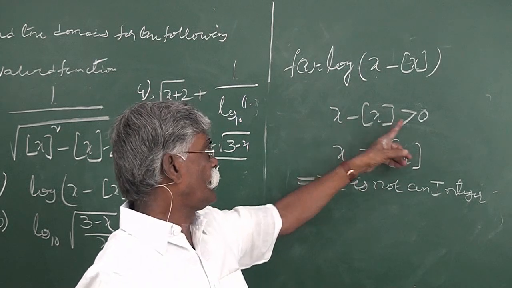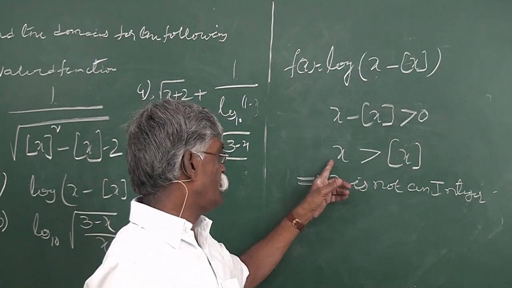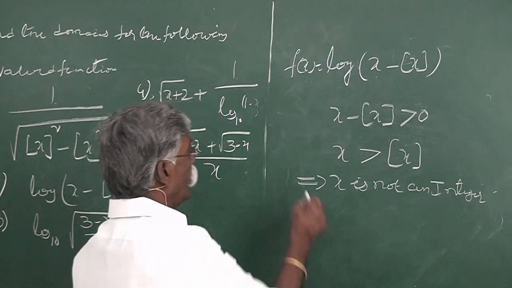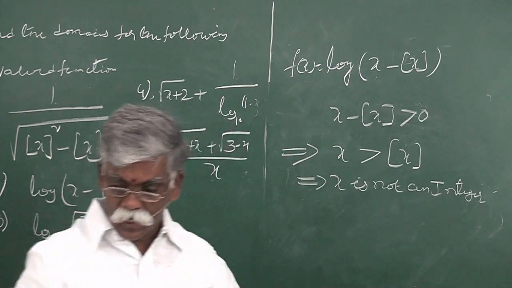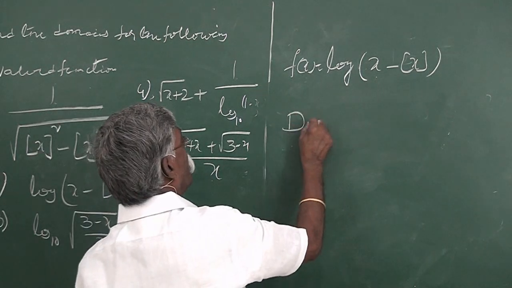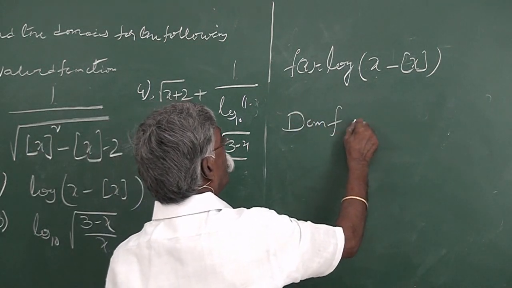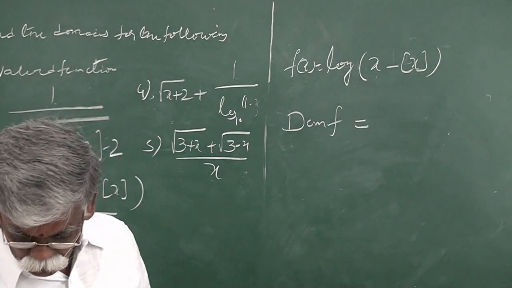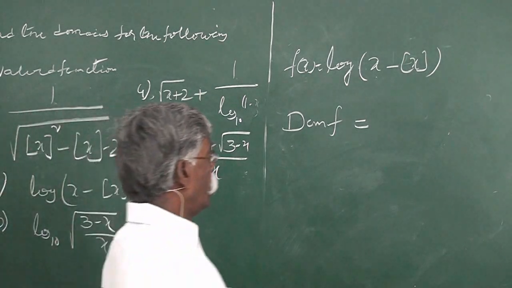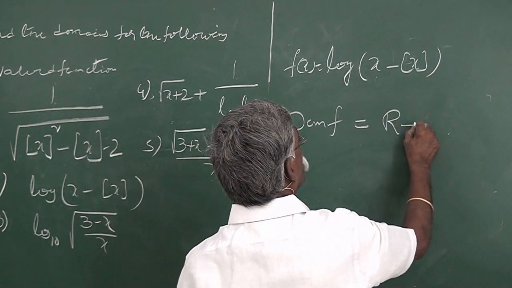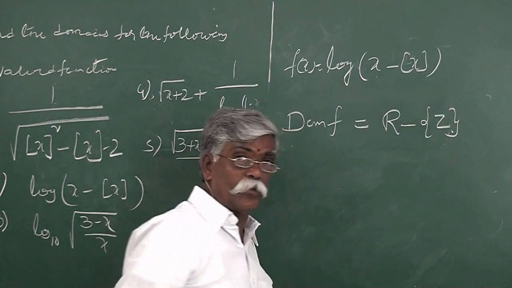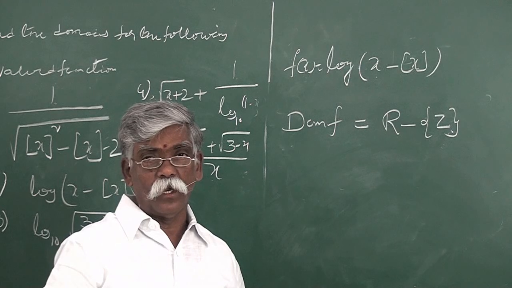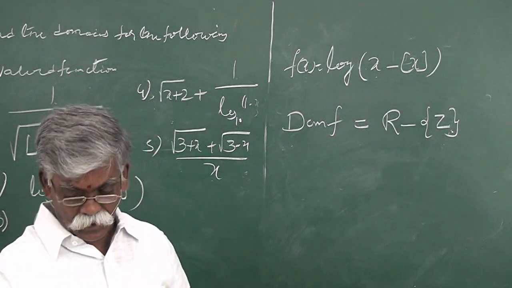Therefore, x minus [x] greater than 0 implies x greater than [x], and this implies x is not an integer. Domain of f is equal to R minus set of integers Z. That means we have to delete all the integral values from the real numbers set.